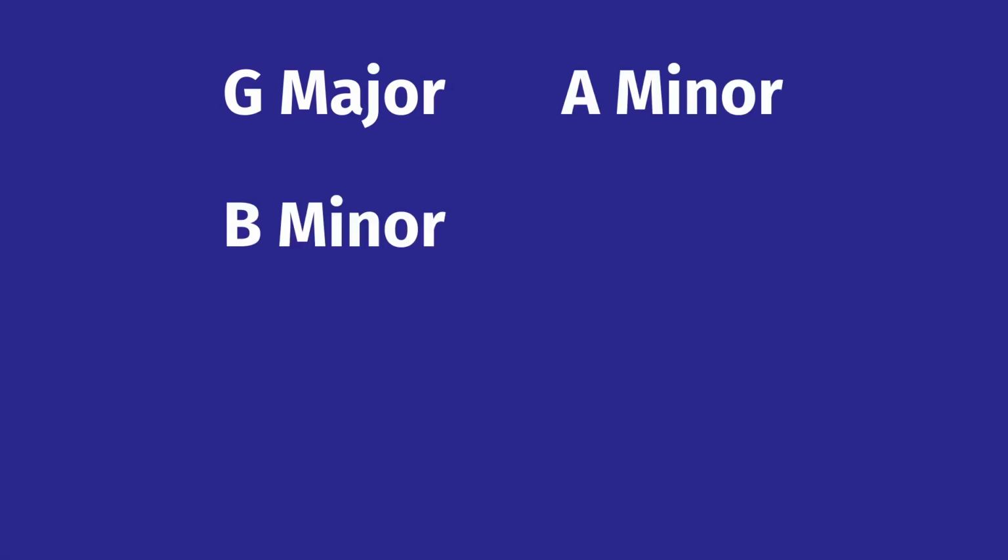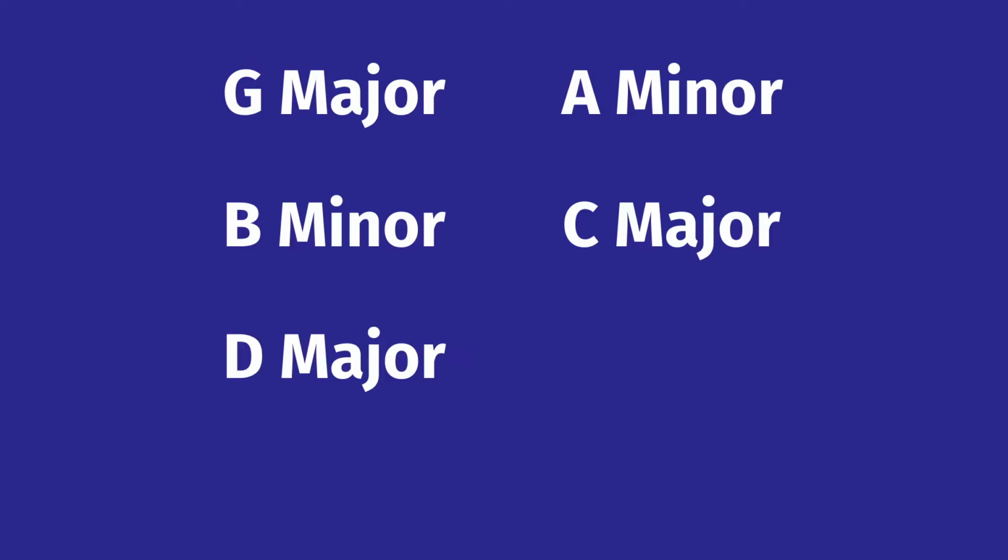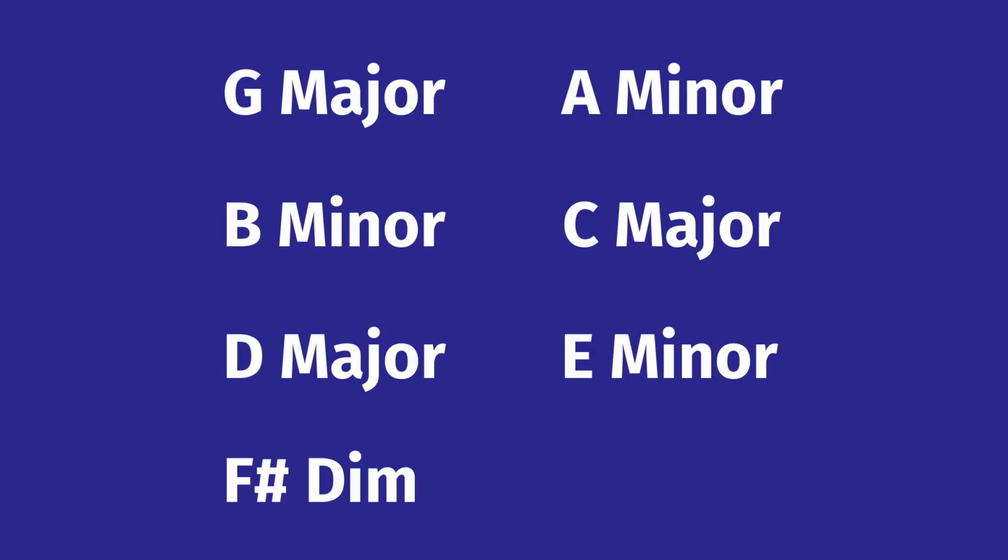So if we apply that formula to the notes from the G major scale, we get G major, A minor, B minor, C major, D major, E minor, which is also the relative minor, F sharp diminished, and G major. In this process, we will always start and end with the same note or chord.